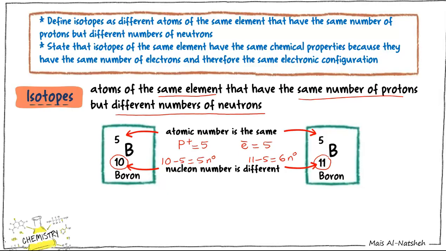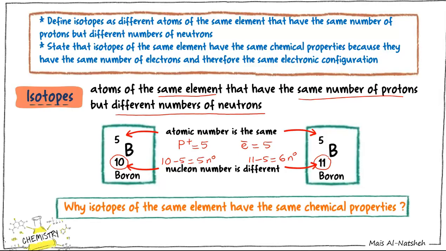But what about the chemical properties and how these atoms will react? Absolutely, they will react in the same way and they will have the same chemical properties. But why do isotopes of the same element have the same chemical properties? What controls the chemical properties of an atom is the number of electrons.